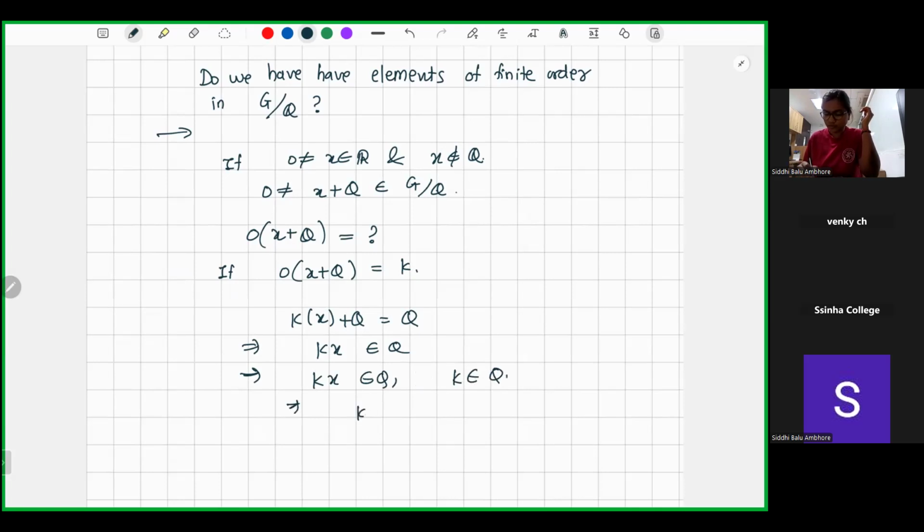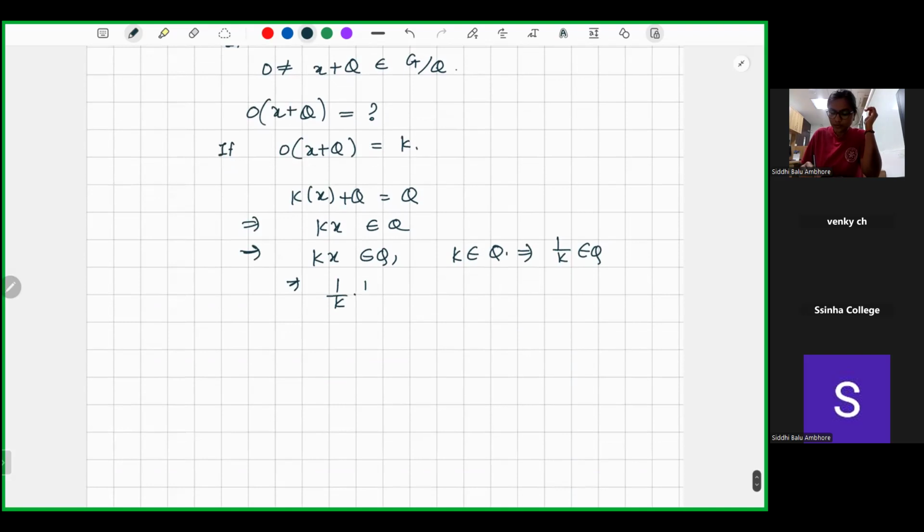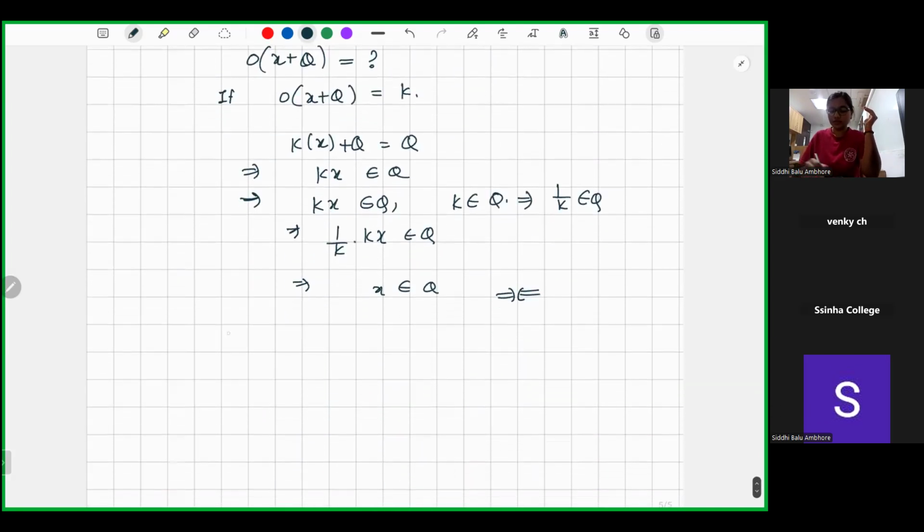So this will imply 1 by k also belongs to Q. So 1 by k times kx will also belong to Q. This implies that x belongs to Q, but this contradicts my choice of x itself. So this is not true.